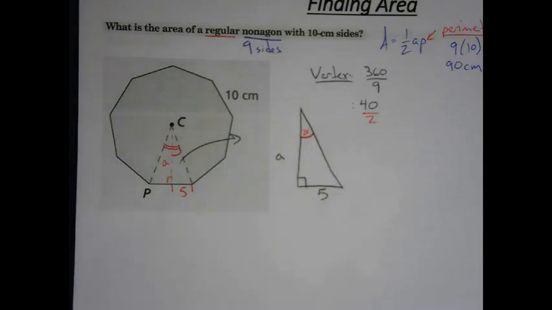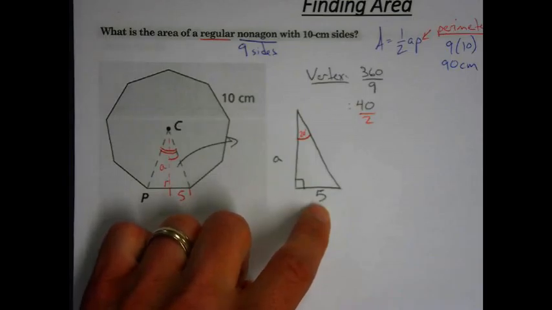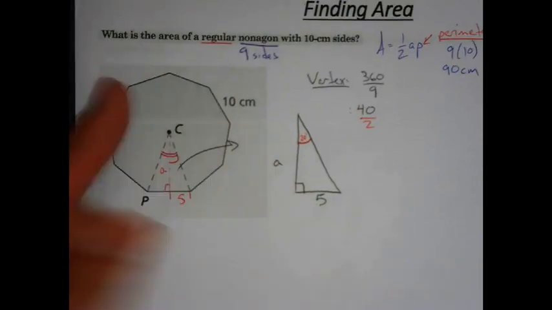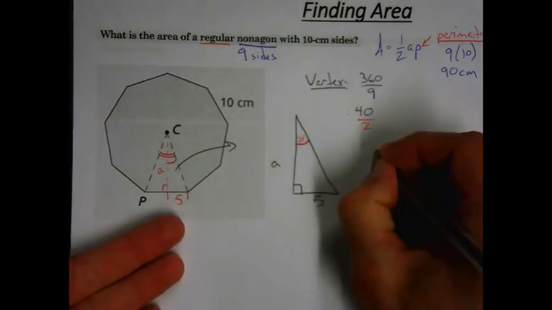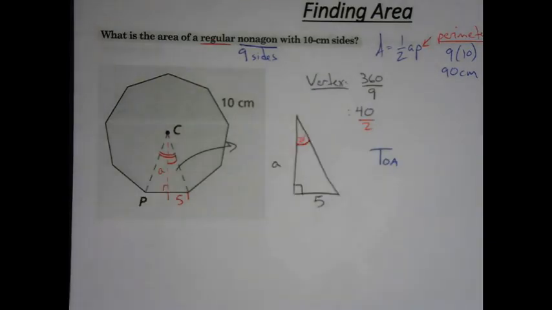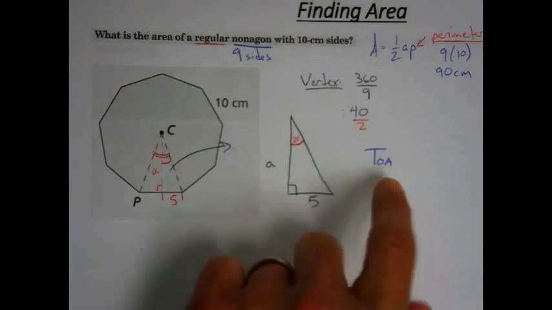And hopefully you realize from that angle, 5 is opposite and the apothem is adjacent. So we have the opposite and the adjacent. So if we're dealing with the TOA part of Chief SOHCAHTOA, we have the opposite and the adjacent, so we're going to be dealing with the tangent.